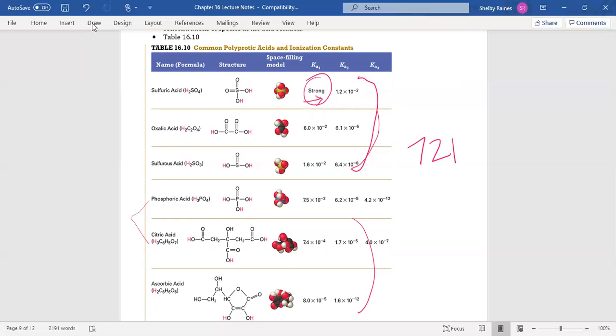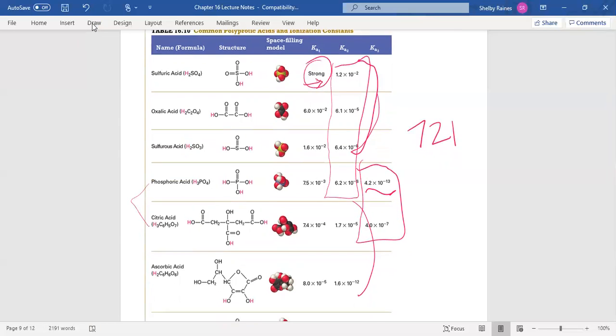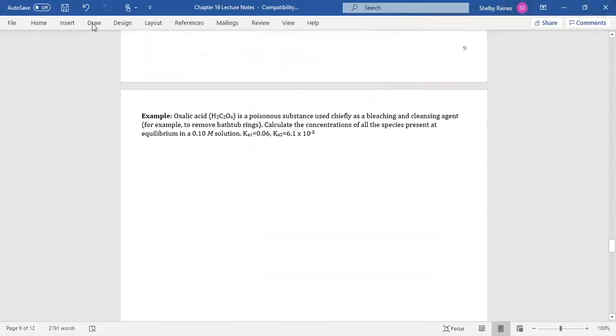It doesn't want to be more negative. Any acid is always weaker in the second ionization, and then even more in the third ionization. Like you can see with phosphoric acid, the third ionization Ka is 4.2 times 10 to the negative 13th. That is very small. Okay, so let's go down and do an example.